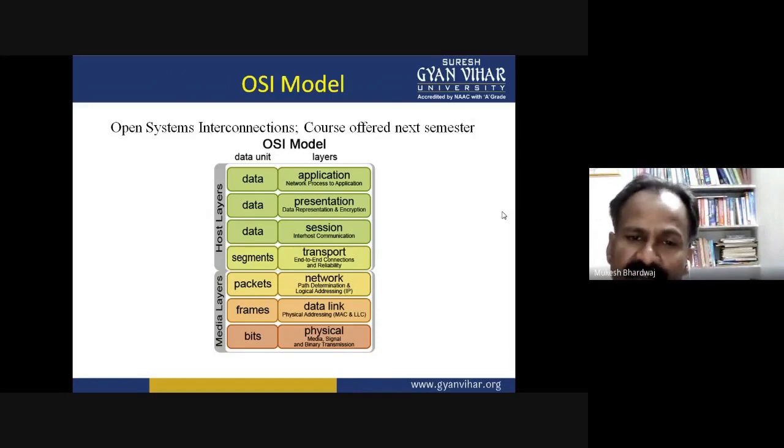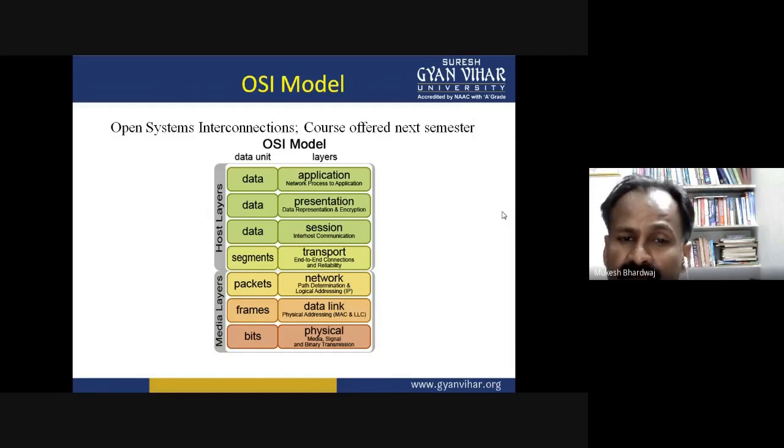Then at the presentation layer, data representation and encryption take place for the application network process. The third layer, session, handles inter-host communication of the data. The fourth layer, transport, sets end-to-end connections and reliability, and segments of the data are created. Then at the network layer, the protocol of the network layer comes into existence, that is path determination and logical addressing, IP.